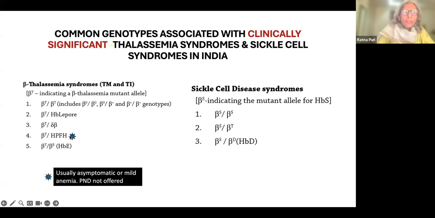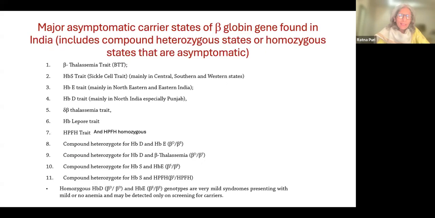But where you have hereditary persistence of fetal hemoglobin, your hemoglobin F will be very high, more than 50%. There will not be any disease phenotype, so you will not do a prenatal. Whereas when you have E beta thal, again, you need to do a prenatal. And the same is here for sickle cell, sickle with thalassemia, sickle with hemoglobin D, sickle with hemoglobin C. All these situations require prenatal testing.